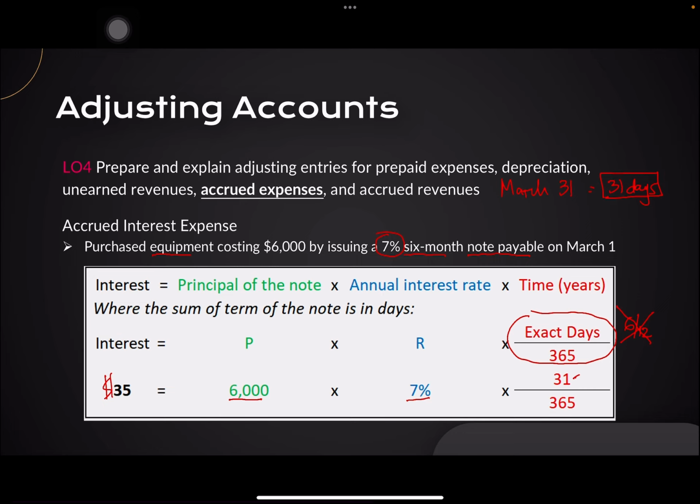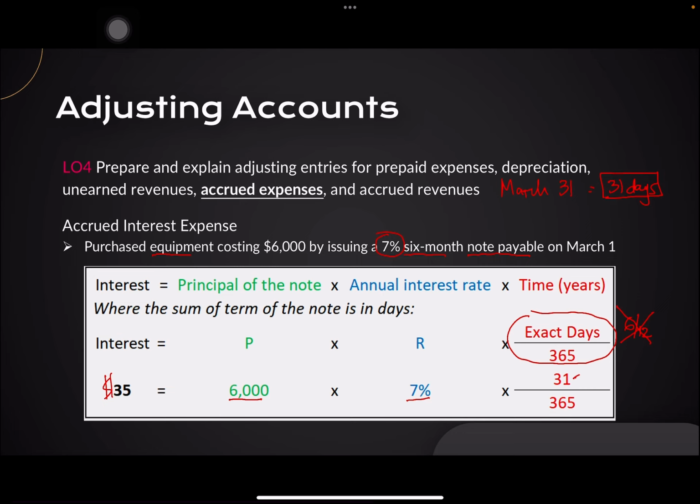So once you get this $35, this signifies that this is the interest expense that you've actually incurred since you started issuing the note payable. This interest expense accumulated since March 1st up until March 31st.